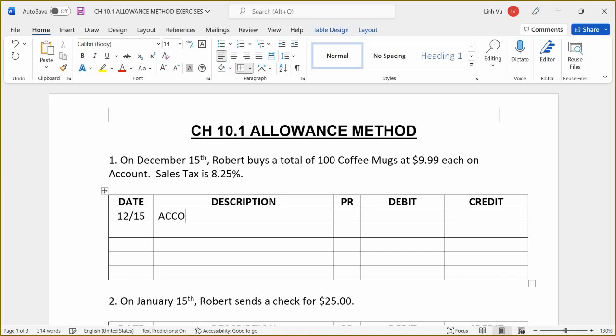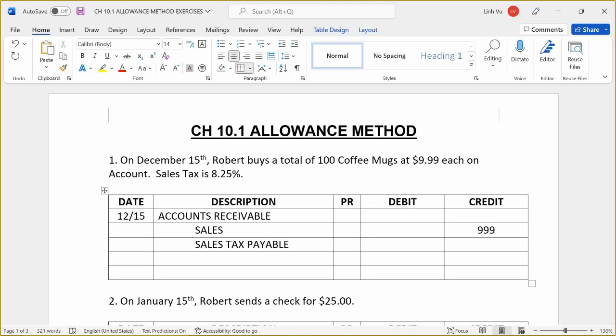Accounts receivable, debit, $999. What about the sales tax? Oh, okay. 1,081.42.